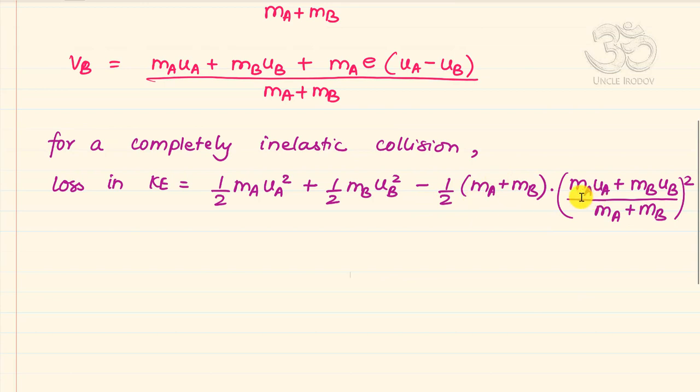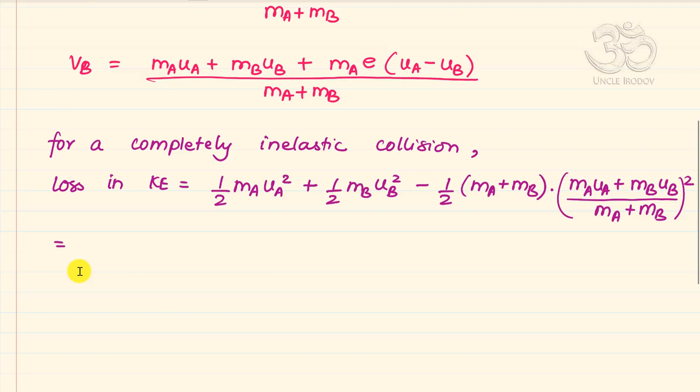So I can find out their KE in this manner, and the expression which I will have after, I can maybe throw out this MA plus MB term here with the square in the denominator, and then I can probably take an LCM throughout, and I can also take something common.